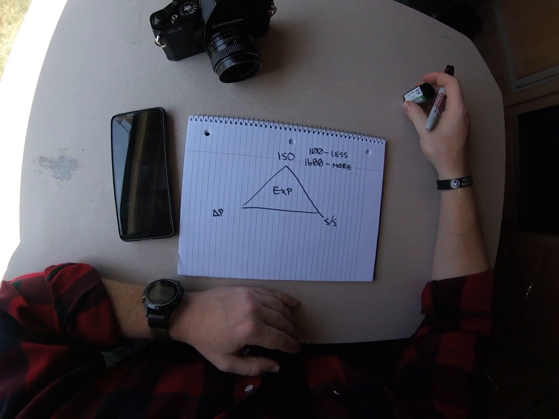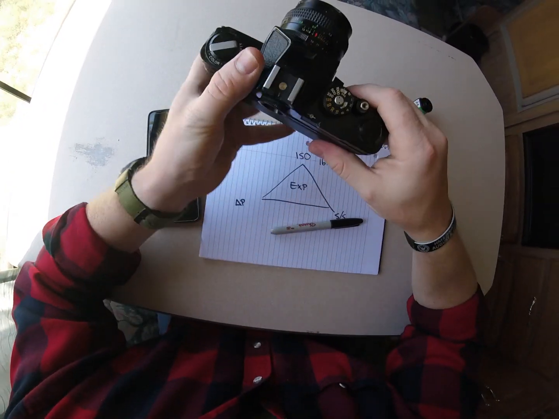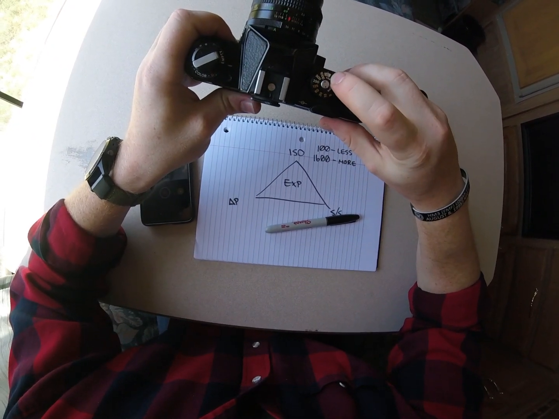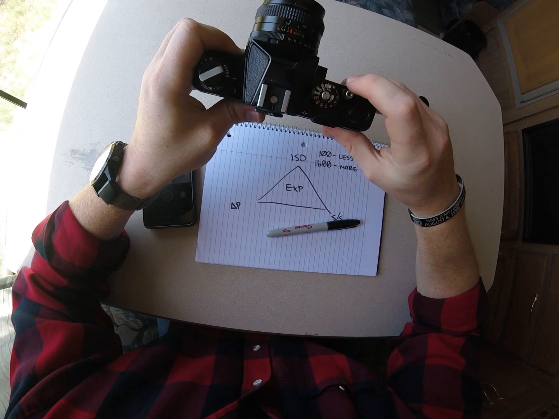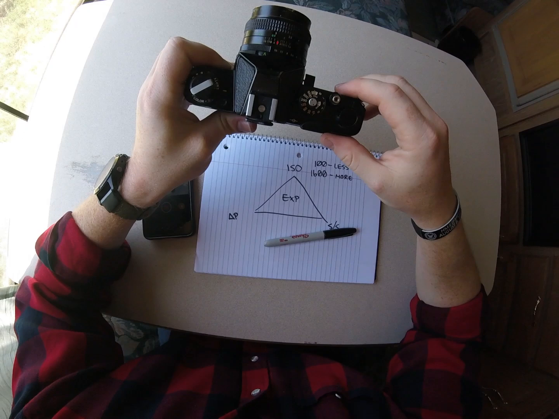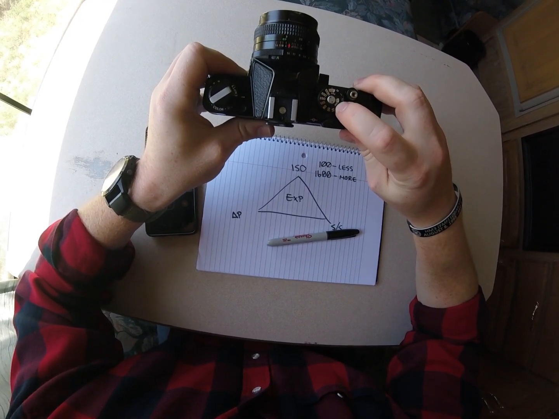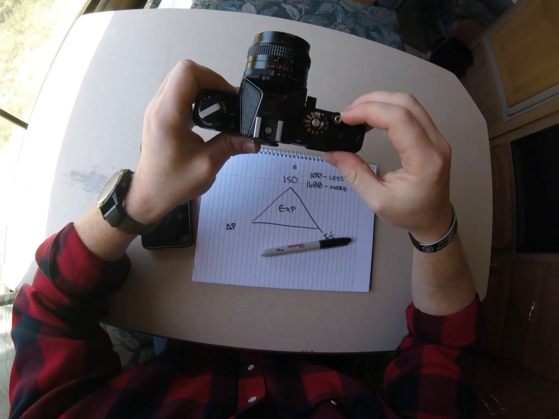With your camera, you're going to have basically a ASA or ISO window. ASA was basically what ISO was called back when it was film. If you see a DIN, that's basically the ASA rating, but in the UK.